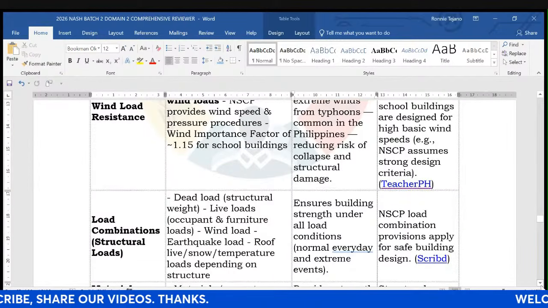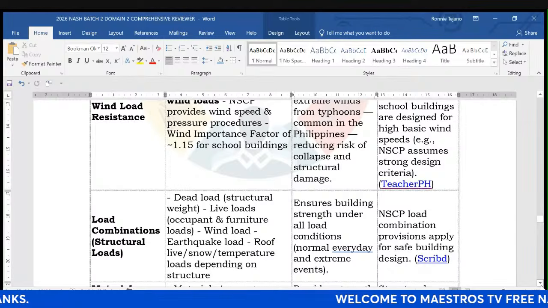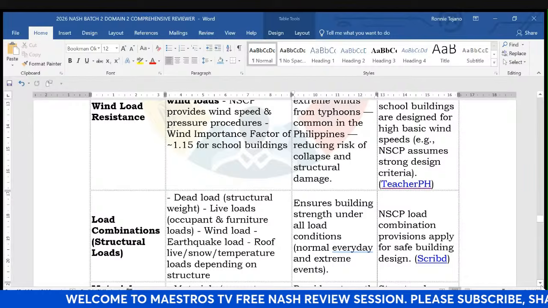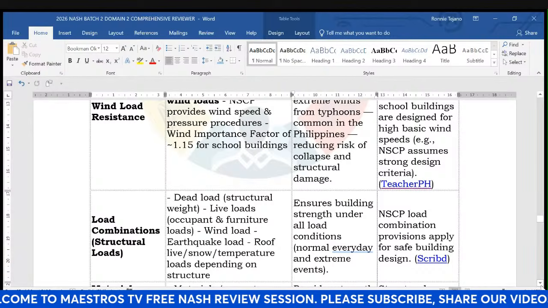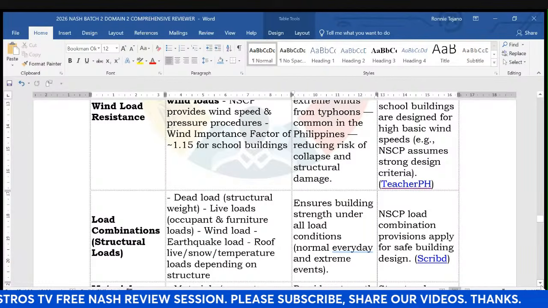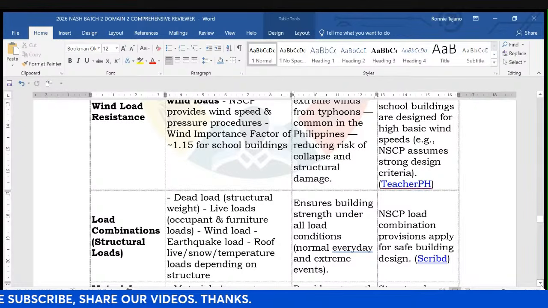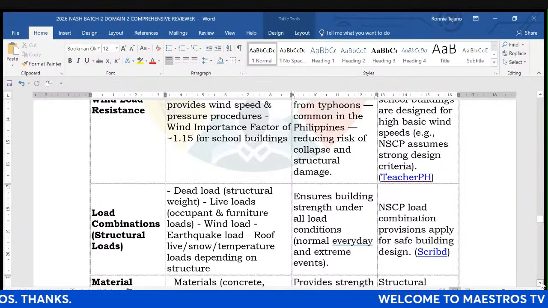For load combinations, both the dead load and the live loads, the dead loads include the structural weight and the live loads include the occupants, no? And furniture loads, plus the wind load, plus the earthquake load and the roof, live, snow, window, temperature loads, depending on the structure. So, ang dami palang i-consider kapag nagpapatayo ka ng building, no?